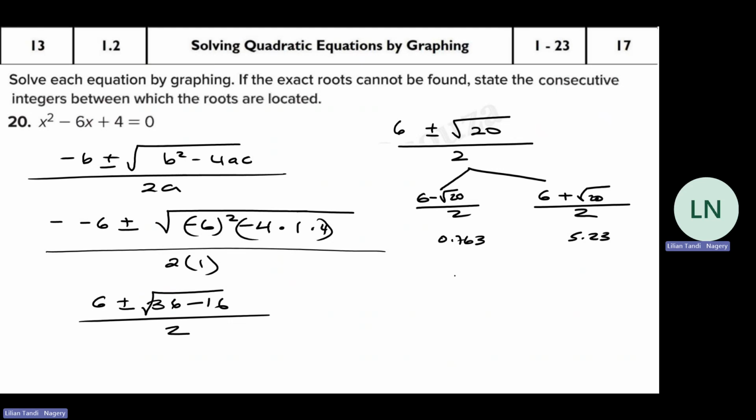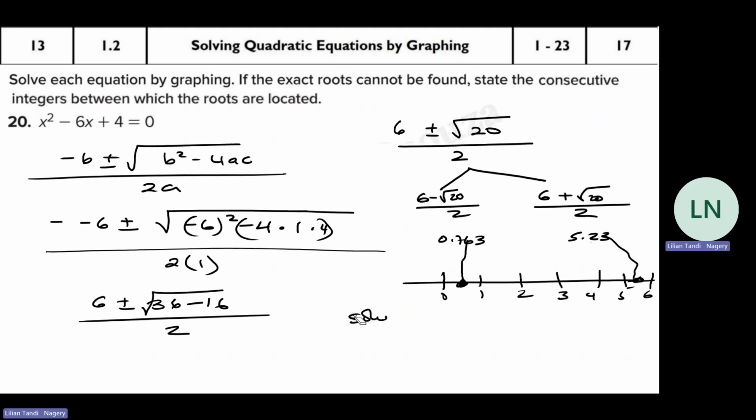When I have decimals, I always draw my number line. So 0, 1, 2, 3, 4, 5, 6. This one is here and this one is here.